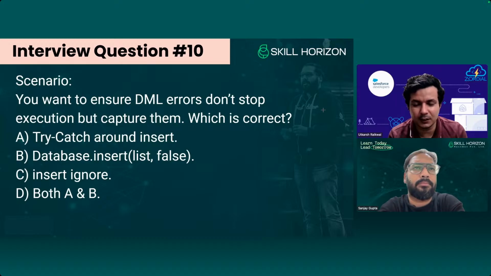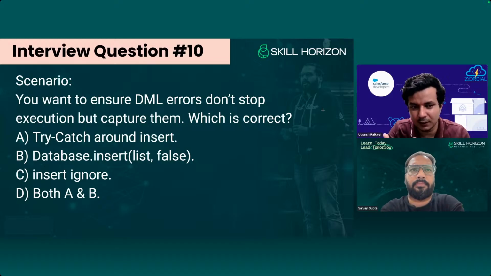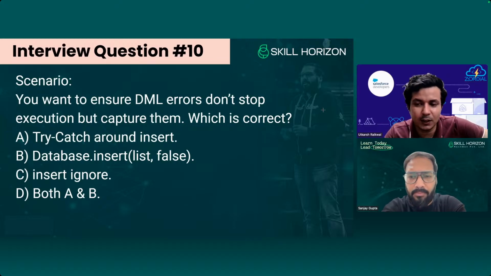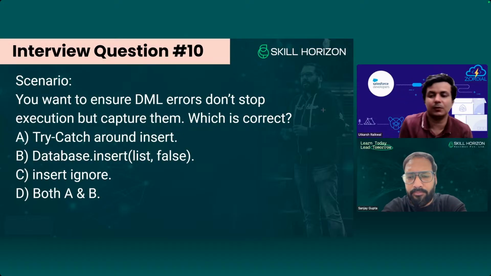If I'm updating particular records and one record fails, the exception will be captured by the try catch, but everything will be rolled back. No partial success would be there. But in the case of B, if you use Database.insert, it will give you partial success, and the Database.SaveResult will also give you the error or exception for that particular record.